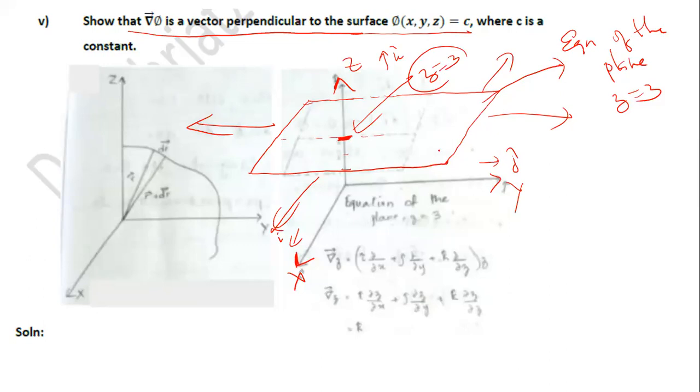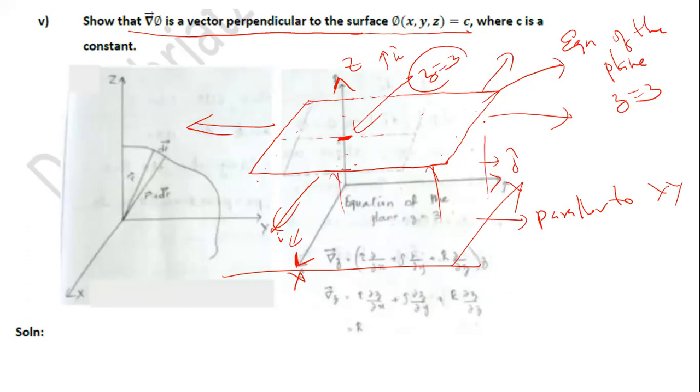Because for every point on this plane, the z value will be 3, because we have a plane which is parallel to the xy plane. From the xy plane, the height of that plane is always 3. So for every point on this plane, the z value is always 3. So this is the equation that defines this infinite plane.